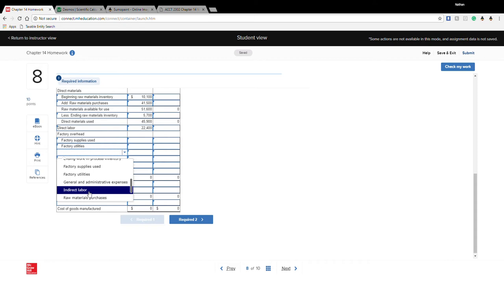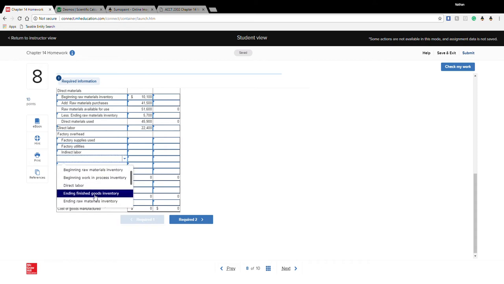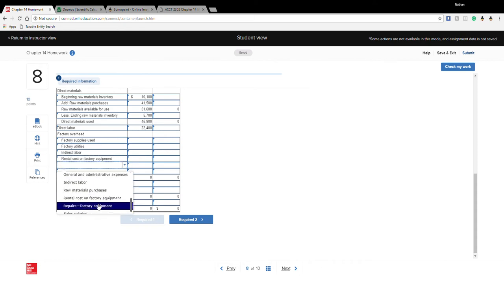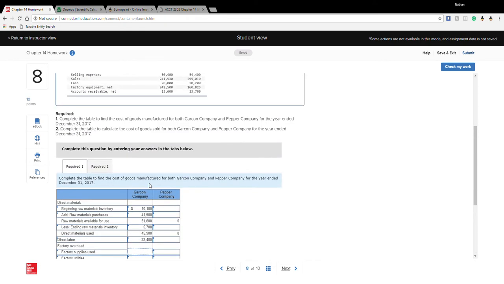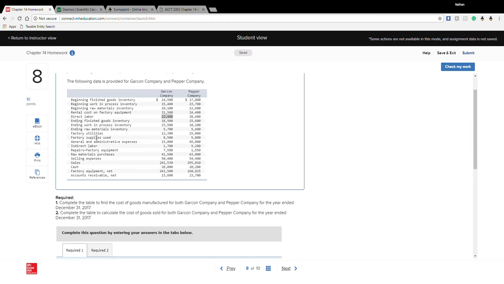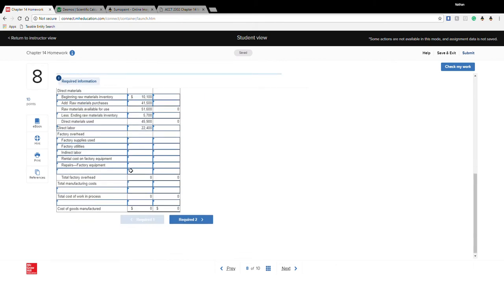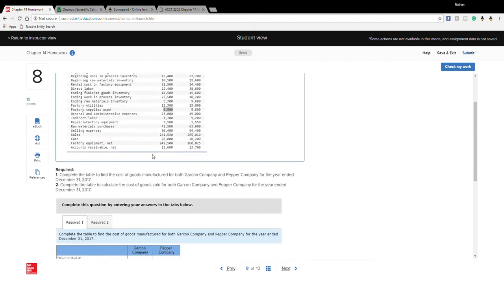Now we know indirect labor is also part of overhead. That's the managers on the production floor. Let's see, repairs and rental costs. And that should be all of them. No worries there. So let's go find them. So factory supplies used. Let's find that one. There it is. 8,500. Factory utilities.